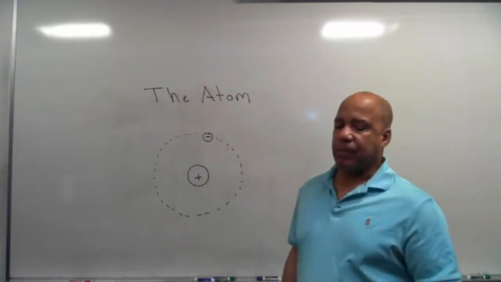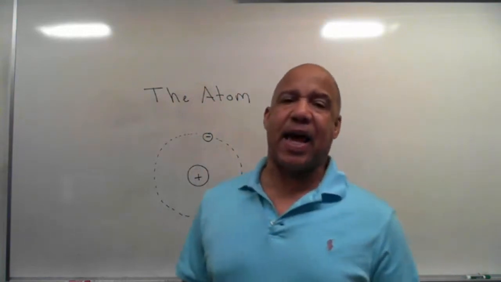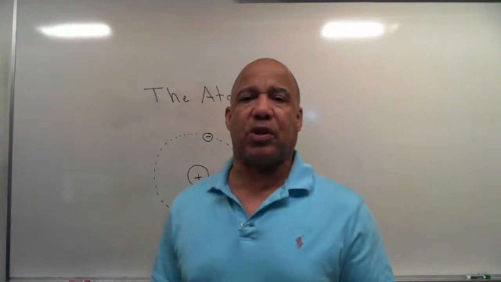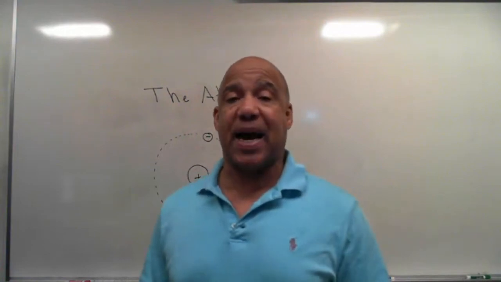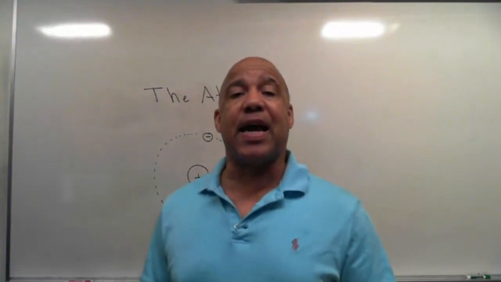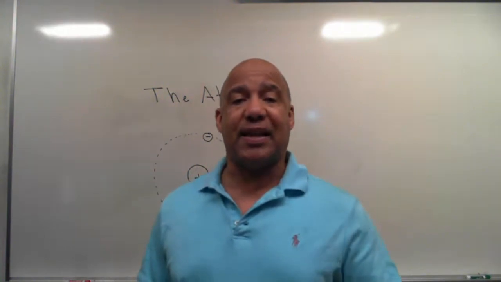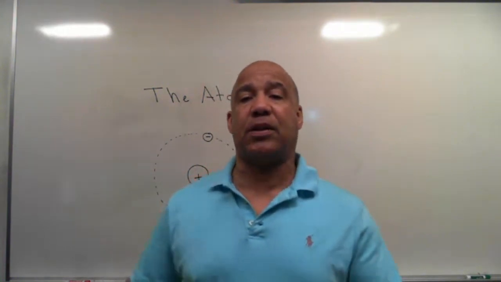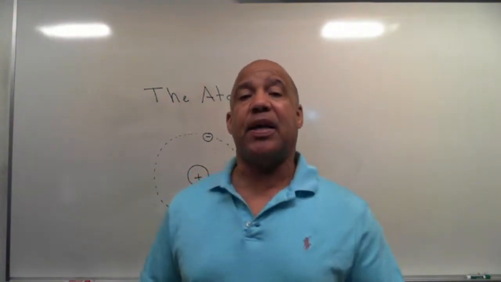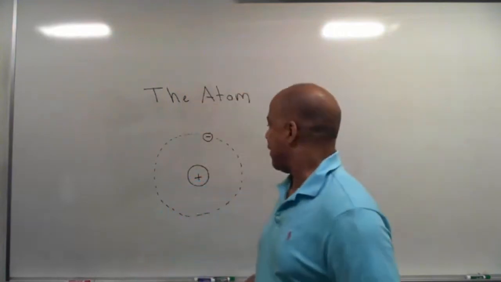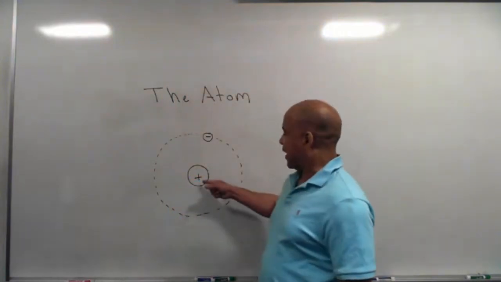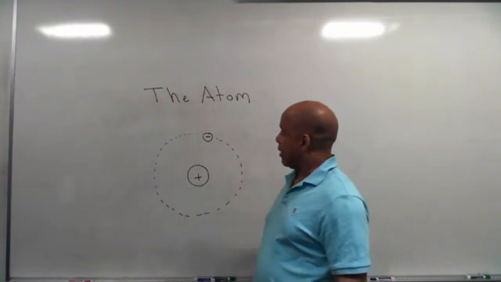The simplest atom I can have, if you had chemistry or some course like that, you will recognize to be the hydrogen atom. Hydrogen has an atomic number of 1, and the atomic number tells us how many protons the atom has. Since hydrogen has an atomic number of 1, it has 1 proton.